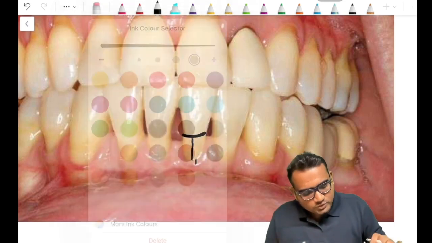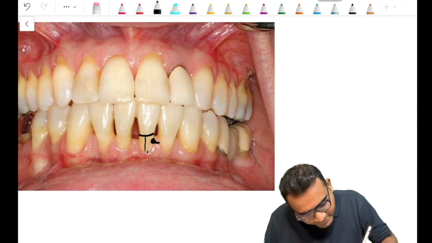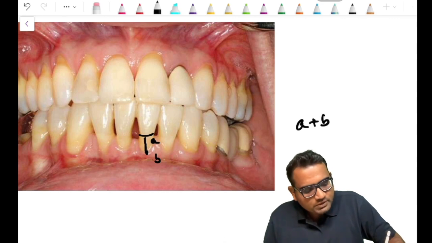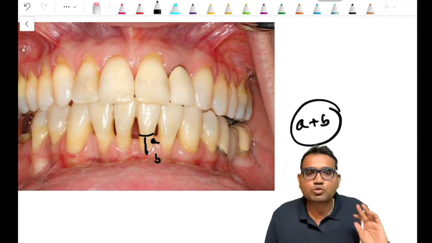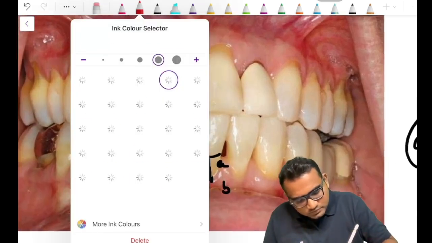Let us assume this is A, this is B. So I'm going to add A plus B: the distance from the CEJ to the gingival margin plus the probing depth.